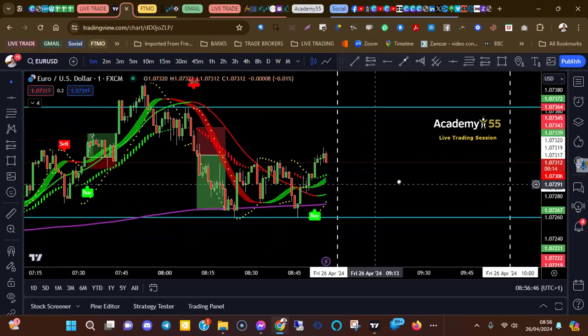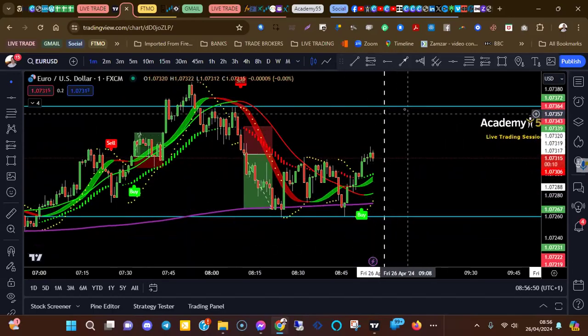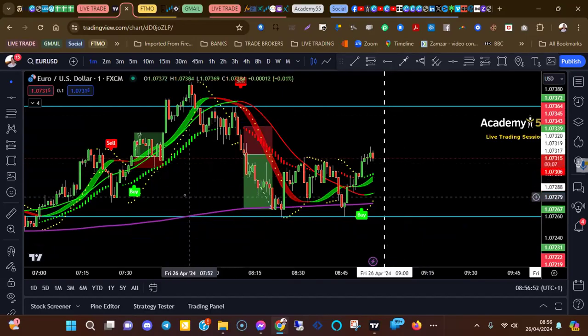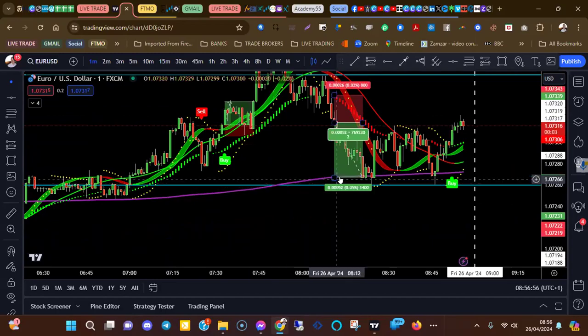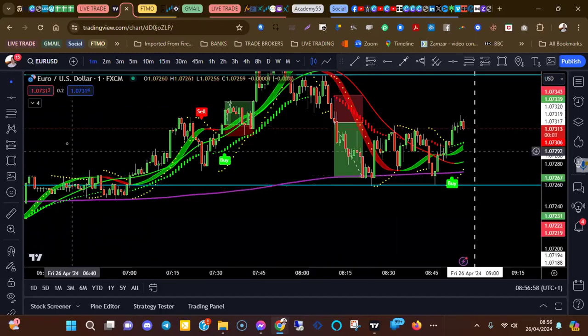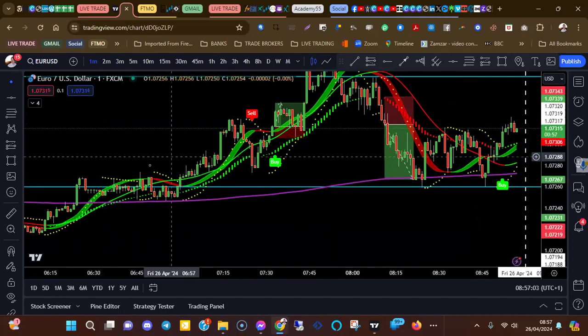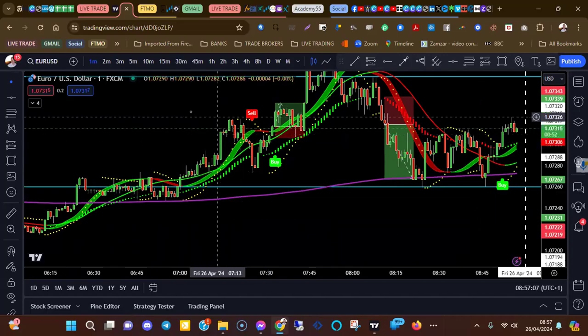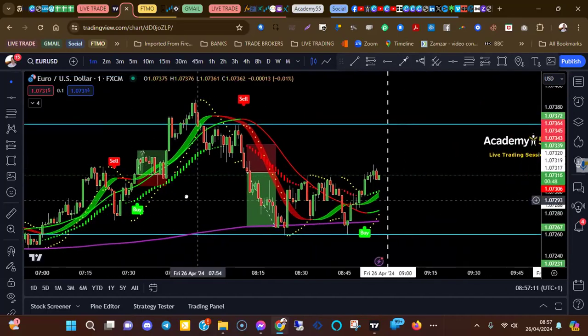But at the moment, we are caught in this zone between these two lines, and see how price respects the purple line, the EMA. All in all, we're in buy territory because we're above the EMA line.